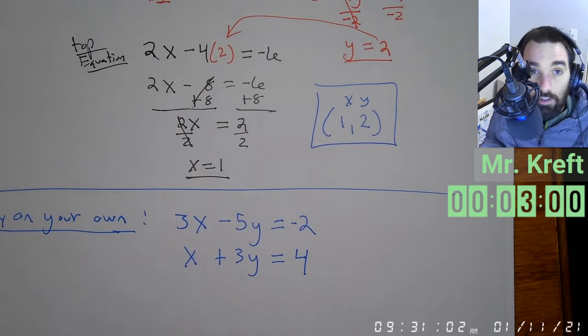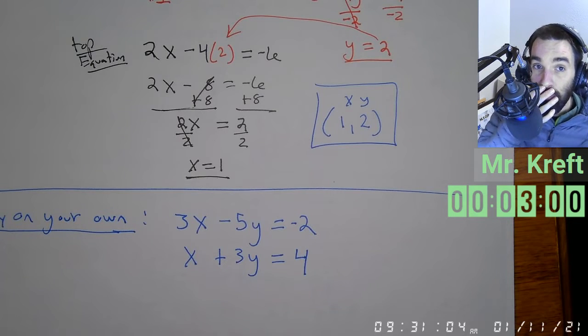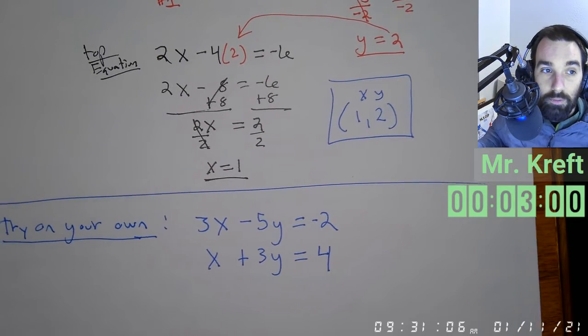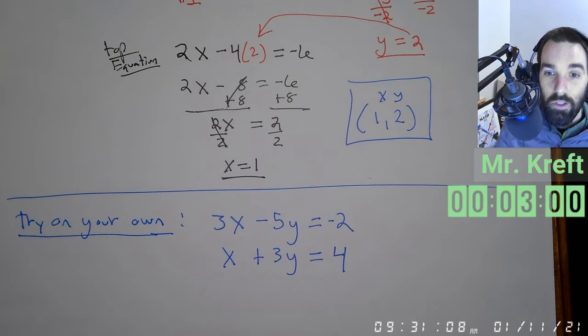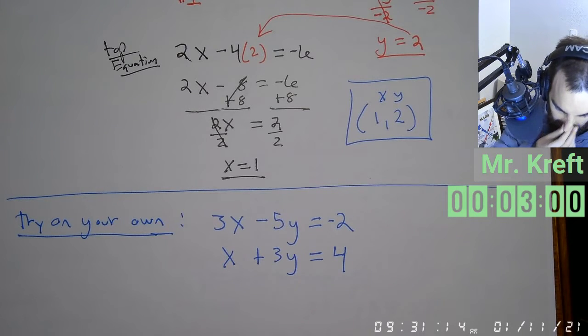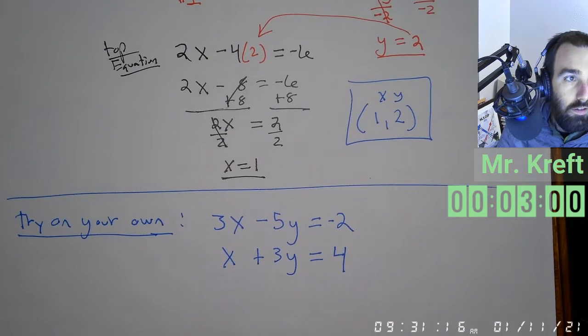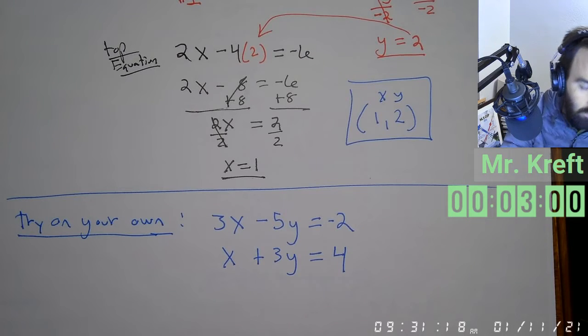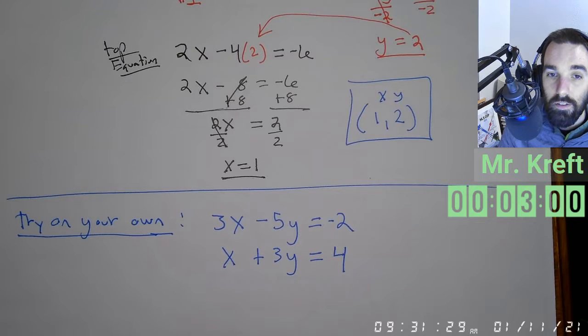So write that down, and then this will also give me a little time to figure out what's going wrong with my computer. Write this down. I'll start 3 minutes here in just a second. Okay, and then I'm going to start the timer right now.